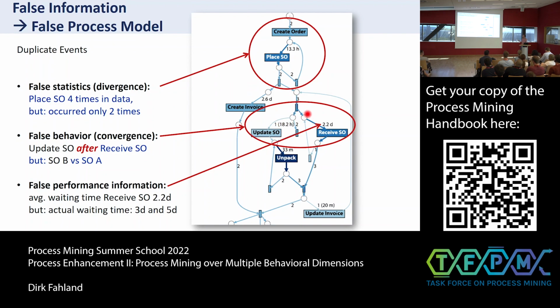I see false behavioral dependencies and also false performance information. This one says there have been 2.2 days between whatever happened first and receiving the supplier order, but the actual waiting time in the data is 3 days and 5 days. Just because the behavioral information is messed up. I've squeezed things together that don't belong there.